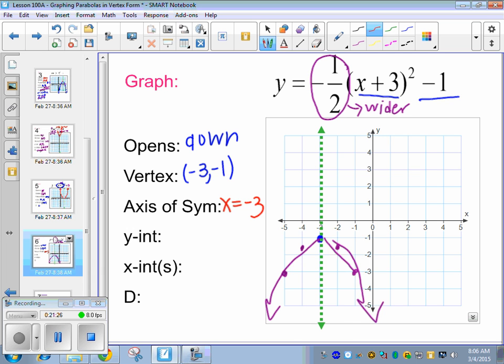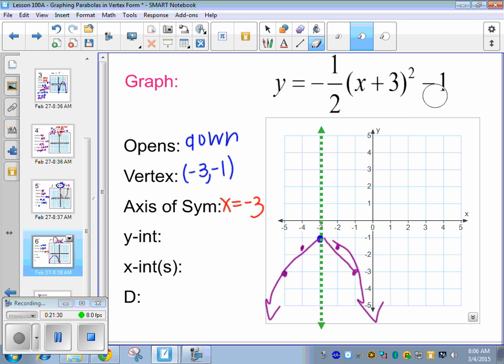So to find the y-intercept, Max, what do I plug 0 in for to find the y-intercept? X. Good. So we're going to plug 0 in for x. So what is 3 squared? 9. Then we'd have times -1/2, so -9/2. Then we're subtracting 1, so -2/2, which is -11/2, which is -5.5 right here.